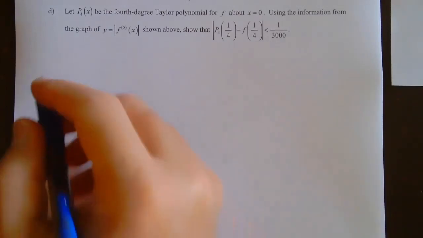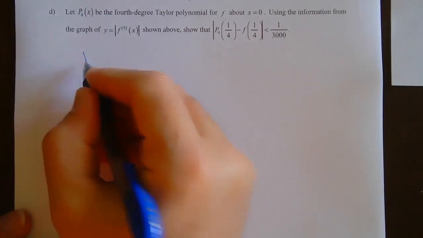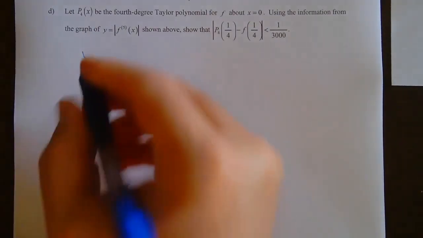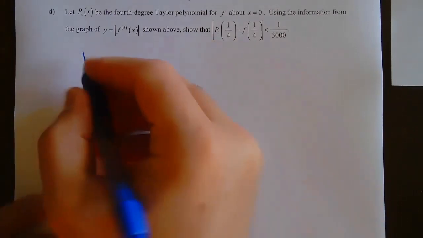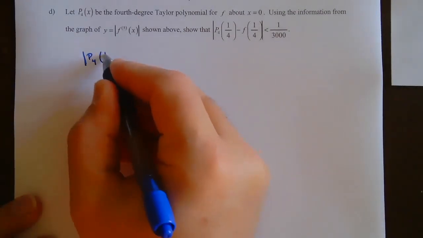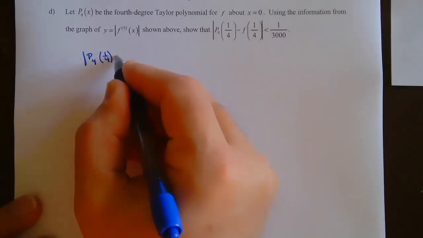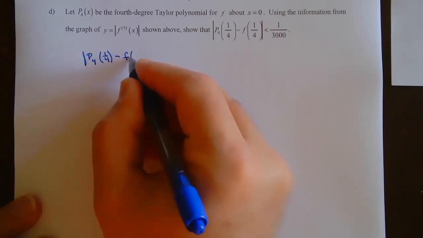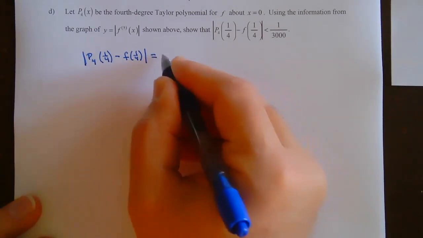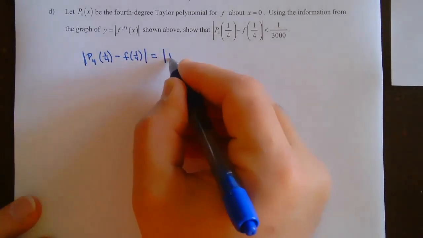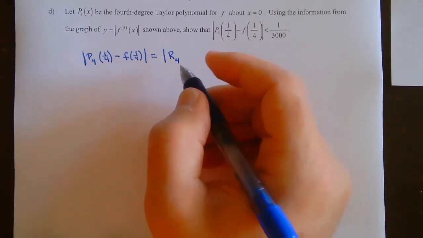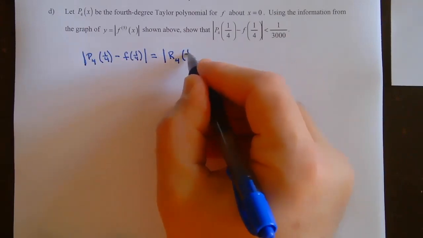So here we go. We're going to take the absolute value of the fourth degree or fourth order at 1/4 minus f of 1/4. Okay, so we know that that is equivalent to the absolute value of the remainder for the fourth order Taylor polynomial at 1/4.